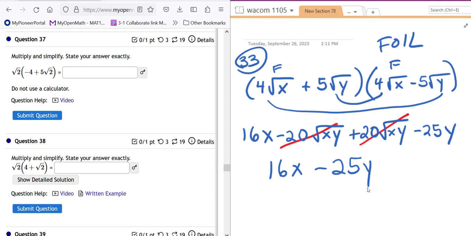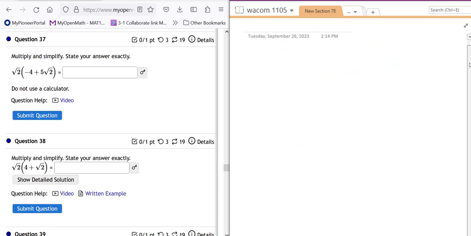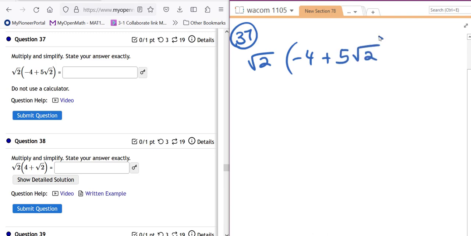This one is a distribution problem. I don't really see anything weird in it. So square root of 2 times -4 plus 5 square root of 2. It multiplies by each one. The -4 just has to stay on the outside. It can't do anything with that underneath.